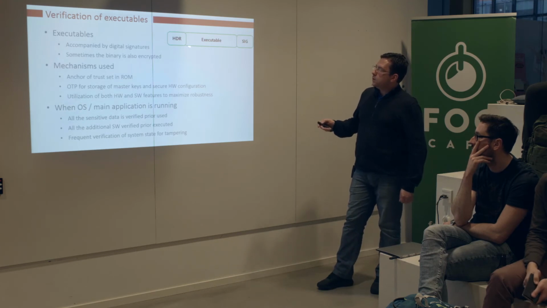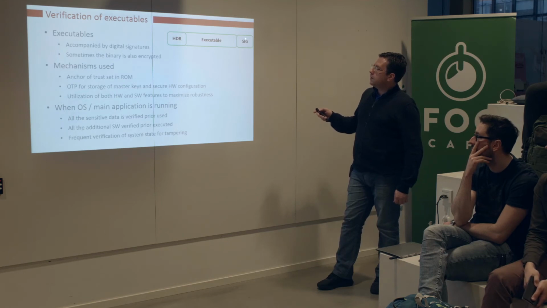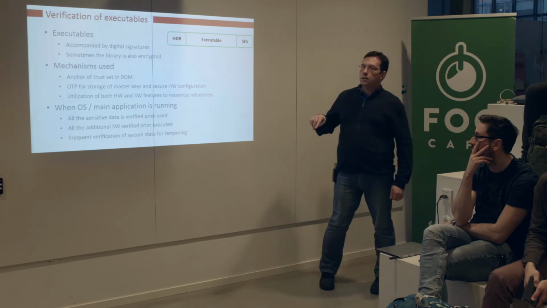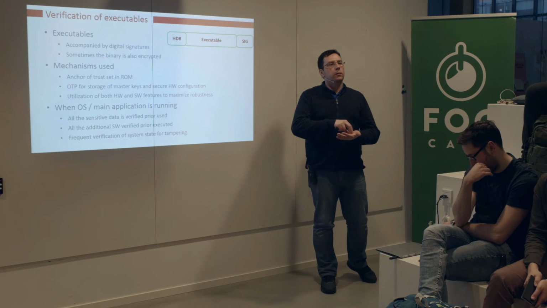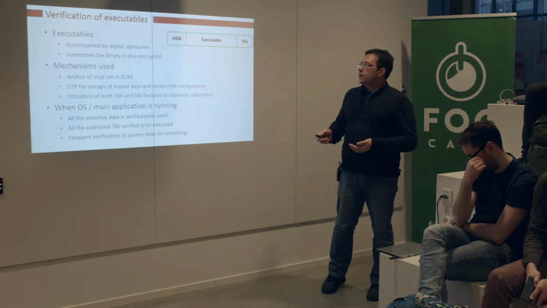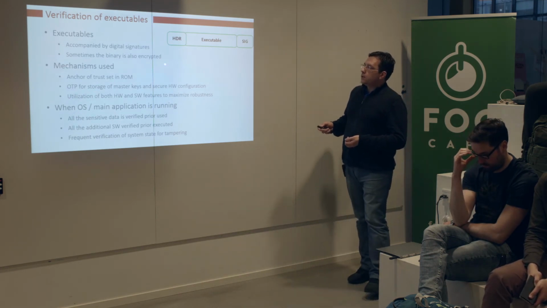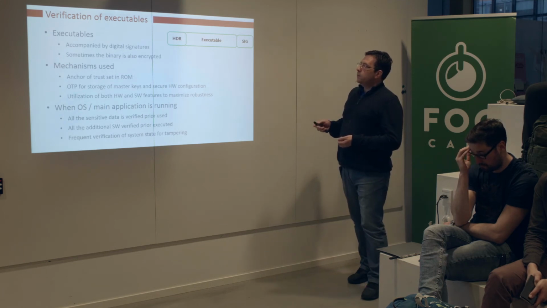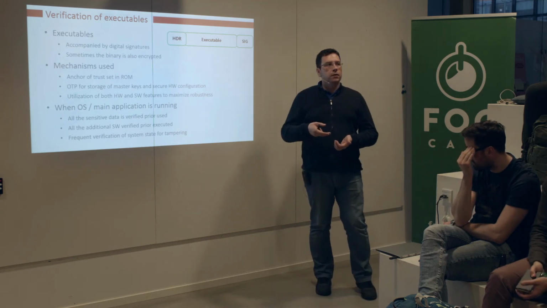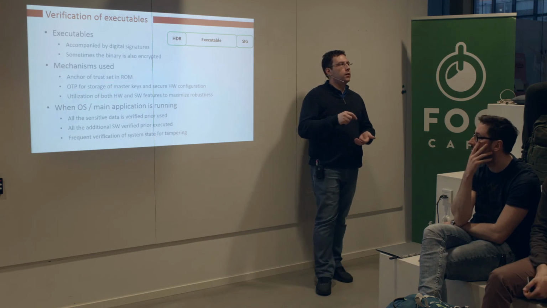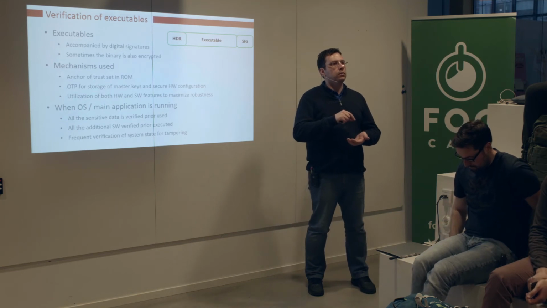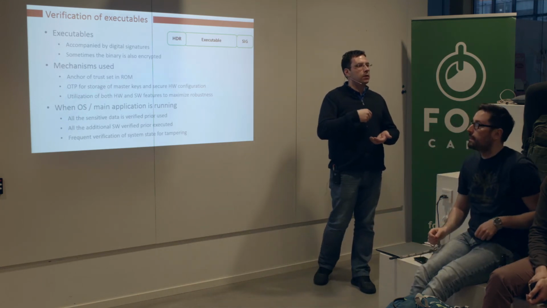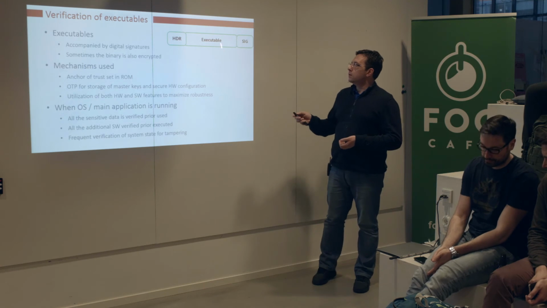Those signatures are always created in order to be verified with the secret keys which reside inside of the OTP or inside of the hardware of the platform which is booting. Sometimes the binary is also encrypted, especially if it is a small bootloader which may reveal details about the hardware. Then it is safe to also encrypt the binary, so it is much more difficult to do reverse engineering based on analysis of the executable code.